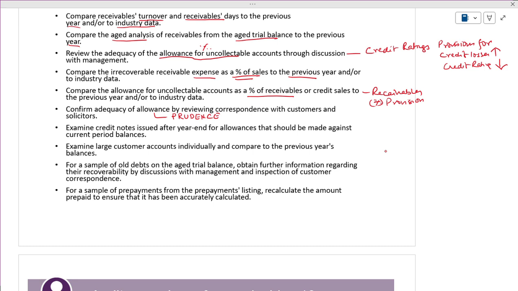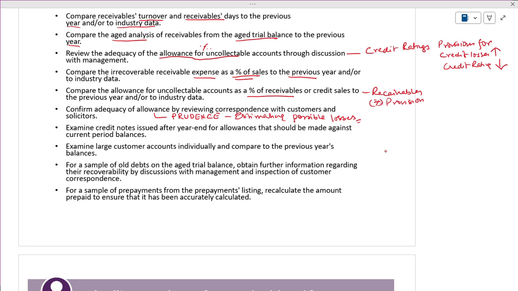We are not aggressive. We are estimating possible losses, but the possible losses should not be overestimated.